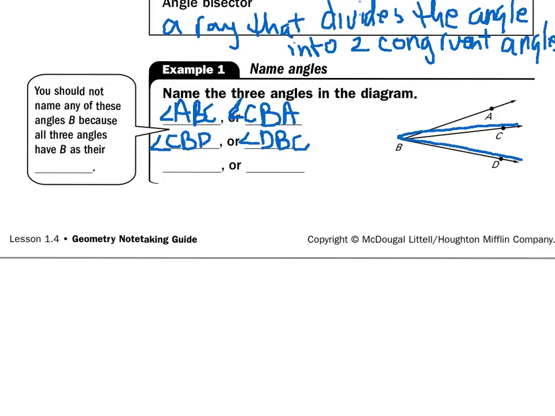And then finally, we have angle ABD or angle DBA. Okay, and then again, you should not name any of these angles B because all 3 angles have B as their vertex.